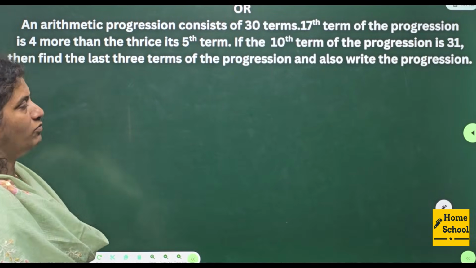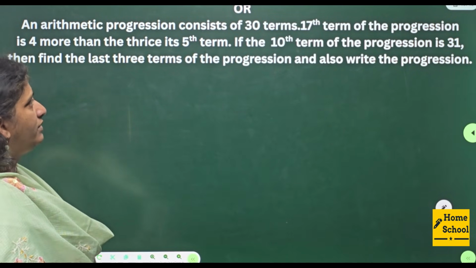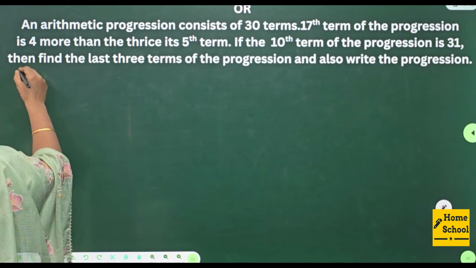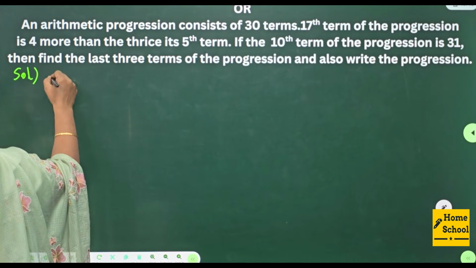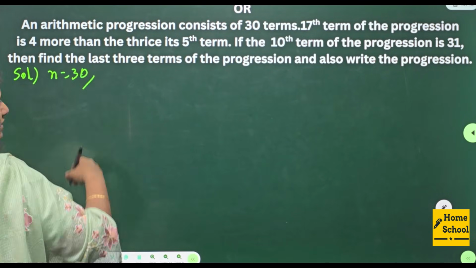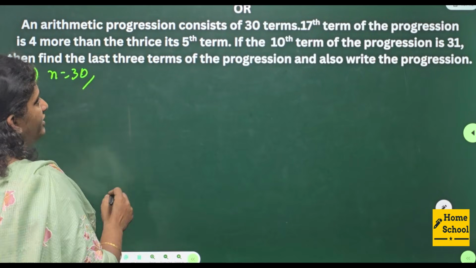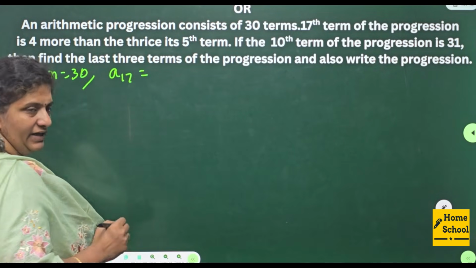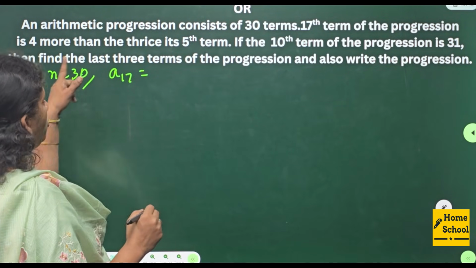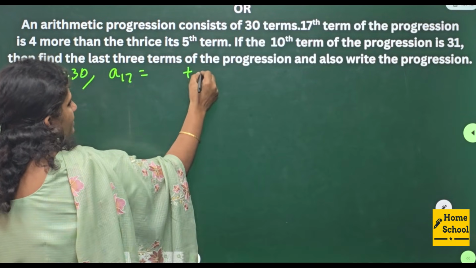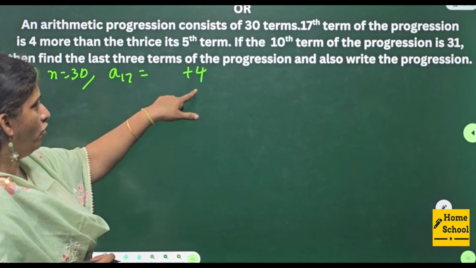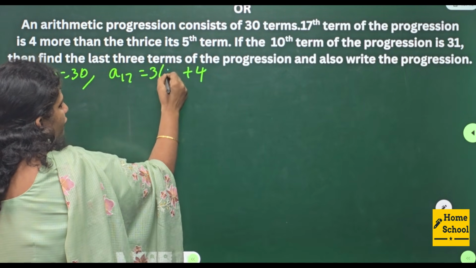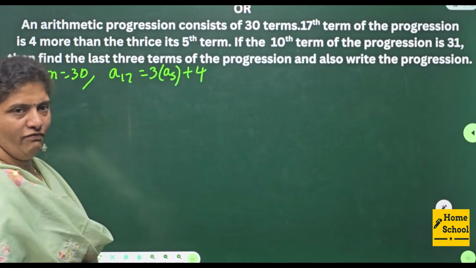In this we have one more OR question. An arithmetic progression consists of 30 terms. How many terms are there? 30 terms. Let n is equal to 30. 17th term of the progression, that means A17, is 4 more, 4 more means plus 4, 4 more than thrice, 3 times, the 5th term A5.